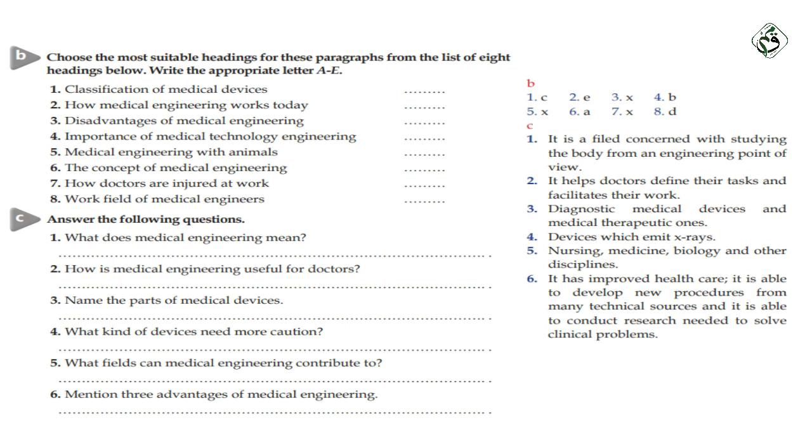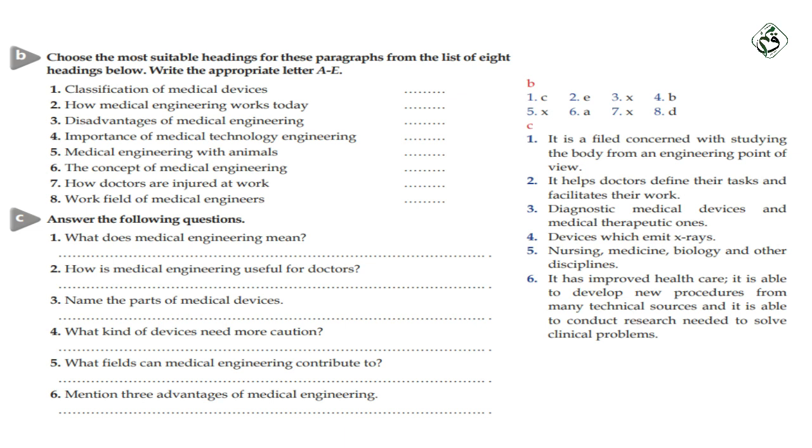Answer the following questions. What does medical engineering mean? It's a field concerned with studying the body from an engineering point of view. How is medical engineering useful for doctors? It helps doctors define their tasks and facilitates their work. Name the parts of medical devices, diagnostic medical devices and medical therapeutic ones.